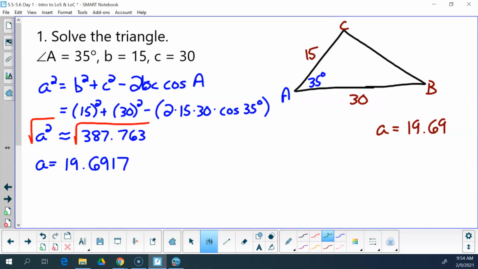So we can say then that the sine of 35 degrees divided by, and I'm going to put it in blue because it's on my calculator and I'm not going to round it, is equal to the sine of angle B divided by 15.